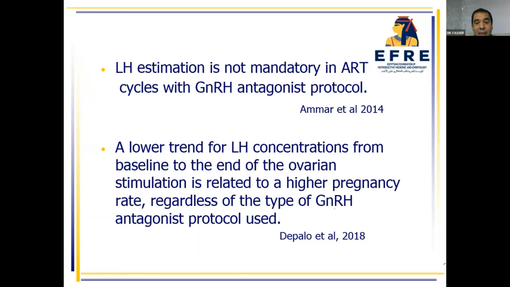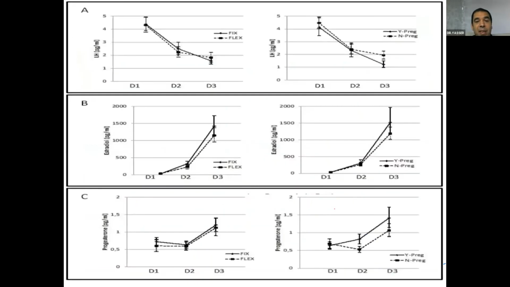In this study, they compare fixed versus flexible protocol versus the pregnancy rate. They studied LH level, basal LH, basal estradiol, and basal progesterone. There was no difference in progesterone and LH level, but the most important one is the level of LH.